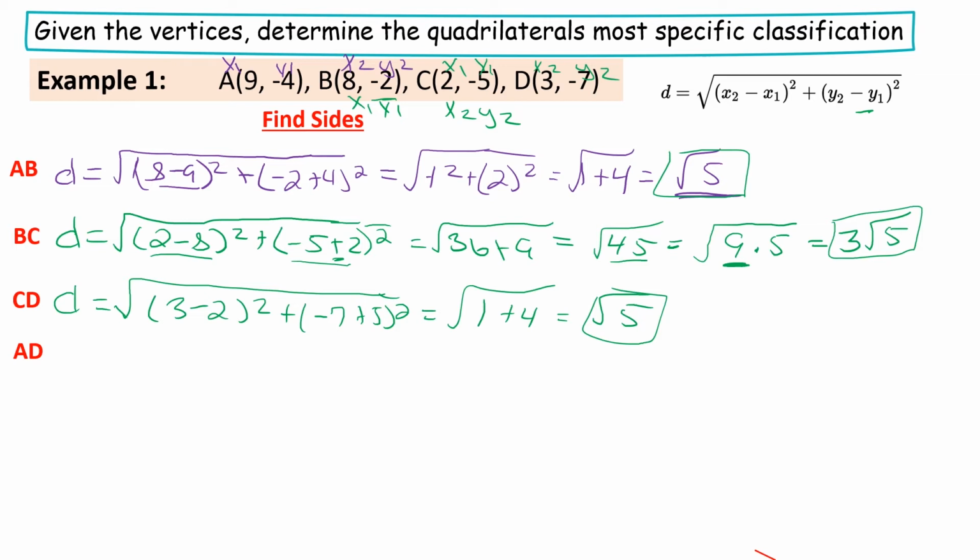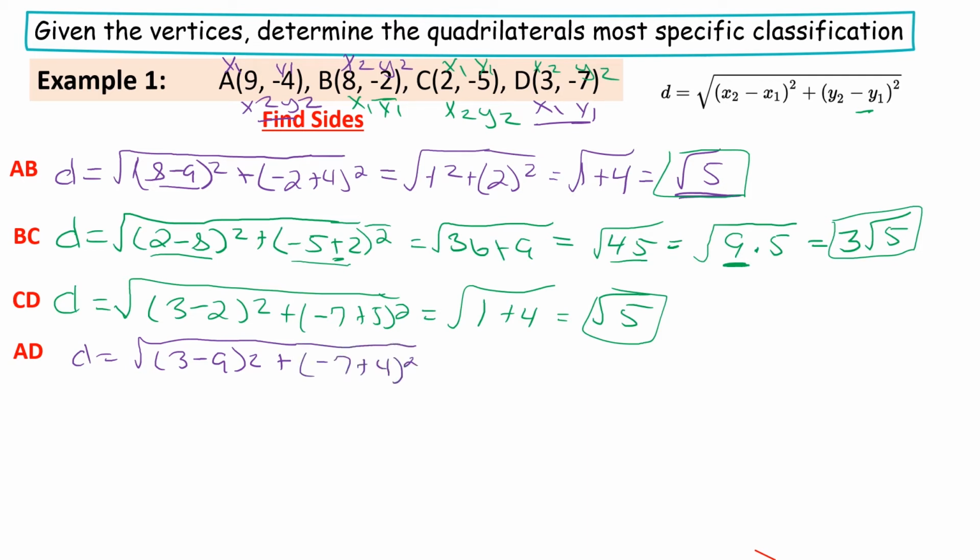Labeling this x1, y1, x2, y2. Let me change colors here. So that will be 3 minus 9 squared plus negative 7 plus 4 squared.